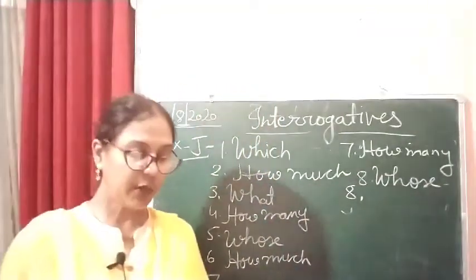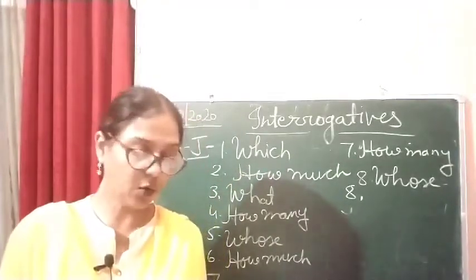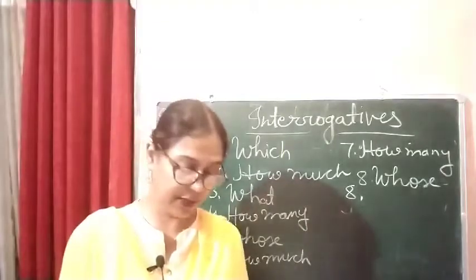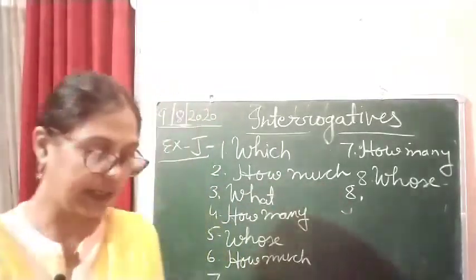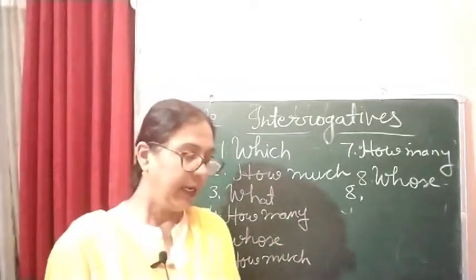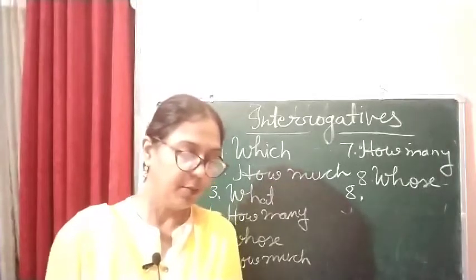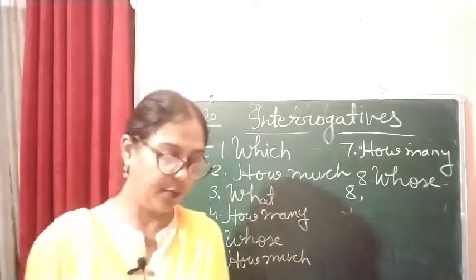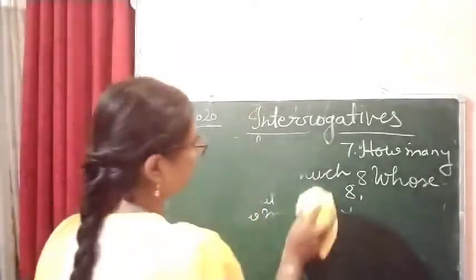Now we are moving to exercise number K, which you can find on the same page. Take the correct determiners in these sentences. Here: the or my lady in a white sari is my grandmother.